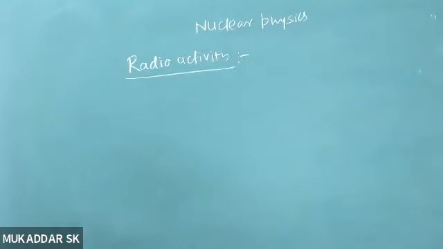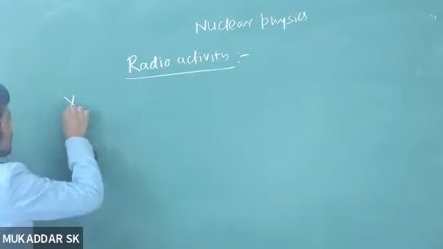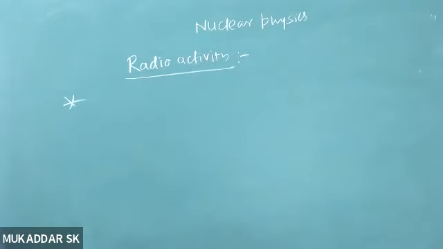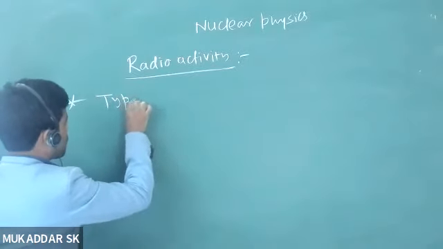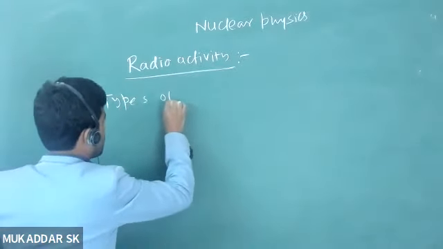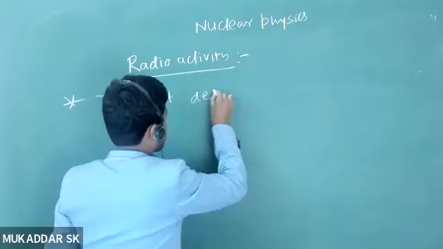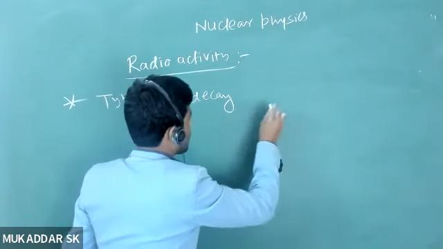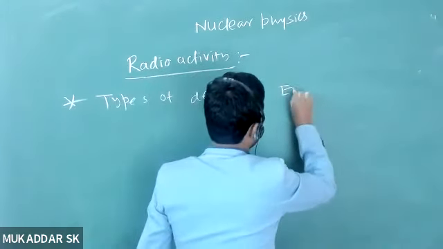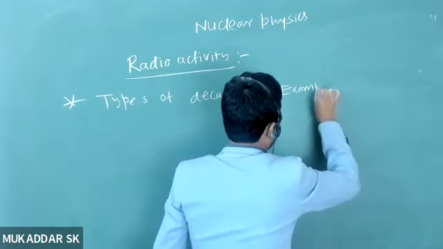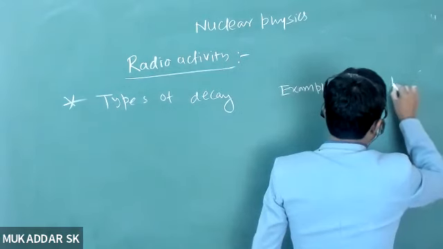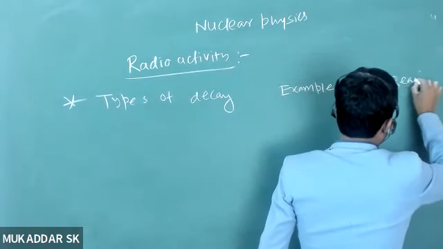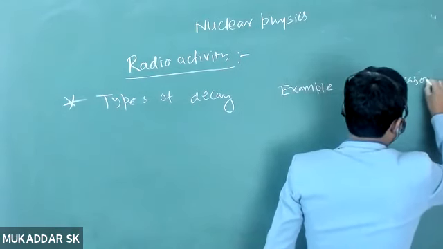If I write one by one, first of all you have types of decay, then we'll have examples, and then the cause or reason behind that. Why does the decay happen?